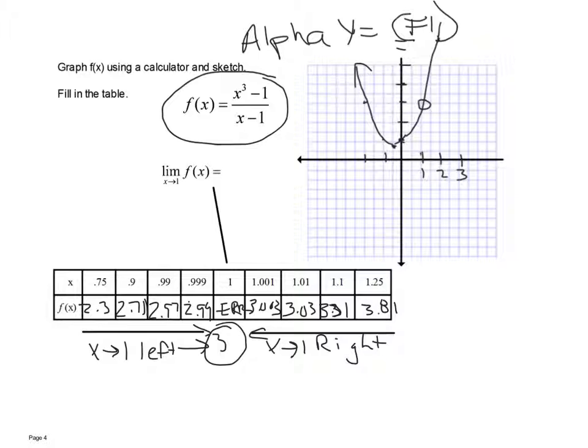And since from both directions I'm getting close to 3, we say our limit equals 3. All right? So that's the value. If that hole were filled in, were an actual point, it would be at (1, 3). Now it isn't. It's open. It's not a filled in hole, but its value would be 3 if it were filled in.